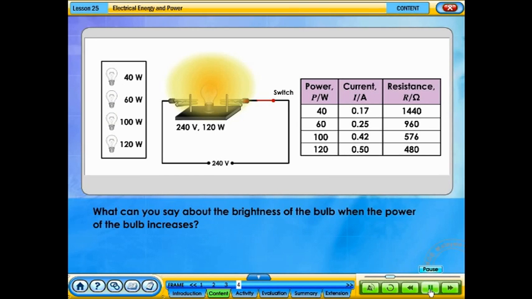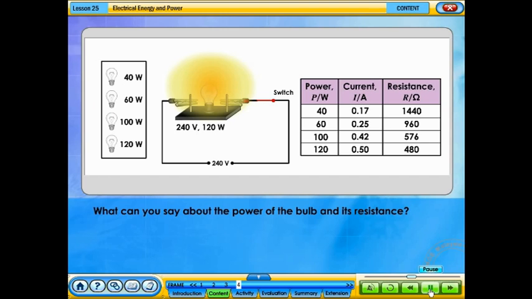What can you say about the brightness of the bulb when the power of the bulb increases? When the power of the bulb is increased, the brightness also increases.